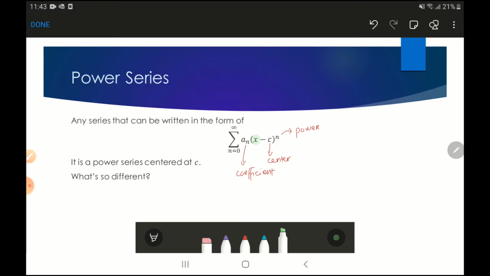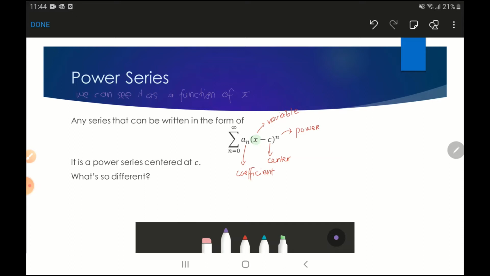But now we also have x, so x here is our variable. Because we have a variable, we also can see this power series as a function of x.